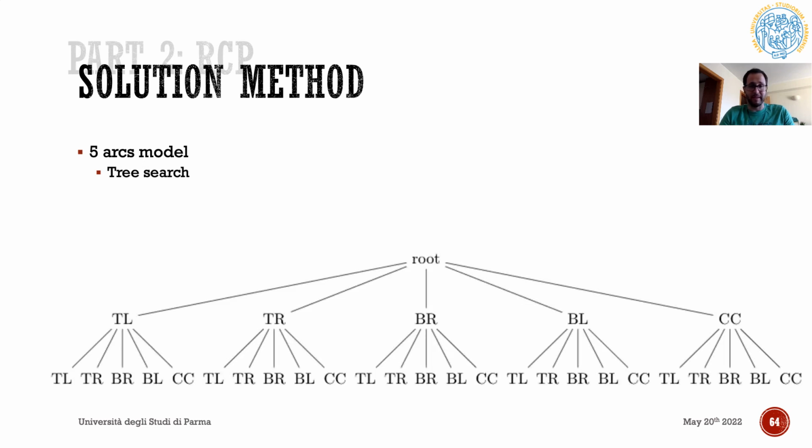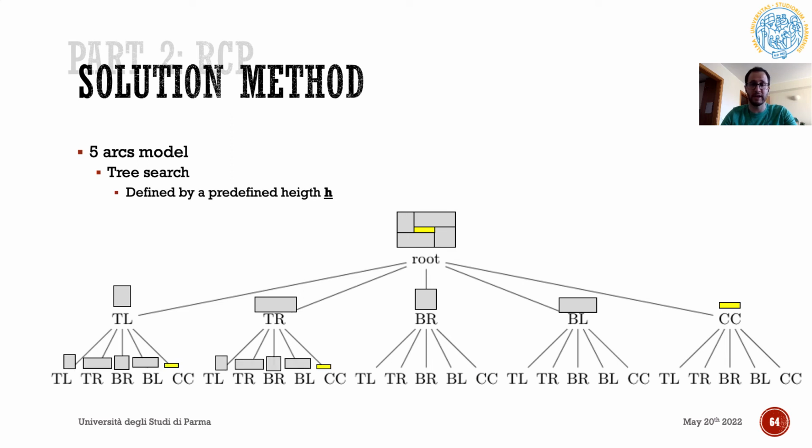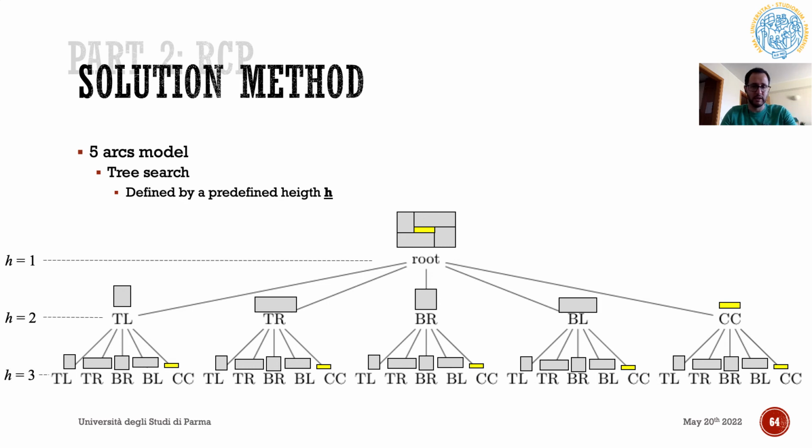Based on that idea, each piece is represented by a node in a tree where the root is the original plate. Since this is a recursive structure, the division for each piece continues for a predefined number of times, here defined by the parameter h. That's why this is a parametric model.